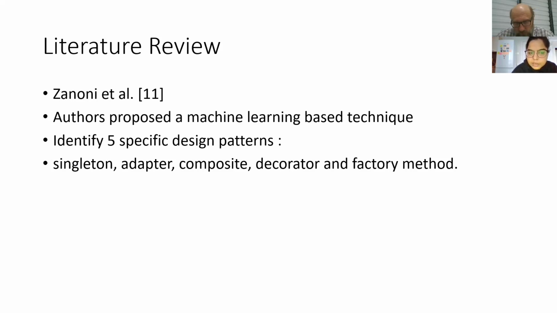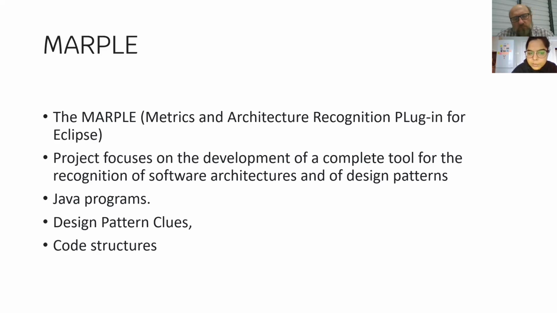In this particular paper, they used a tool called Marple. It's a very popular tool, mostly used for Java projects. This tool basically finds clues of design patterns in your code structure. It goes through the code structure and tries to see, okay, this clue may say that maybe a factory method is being used.